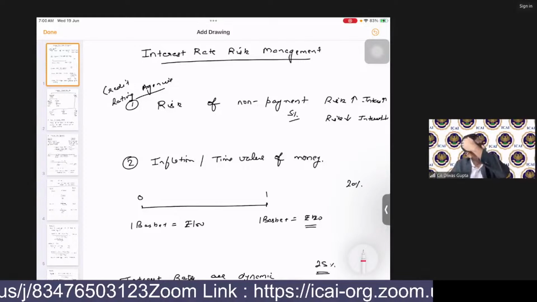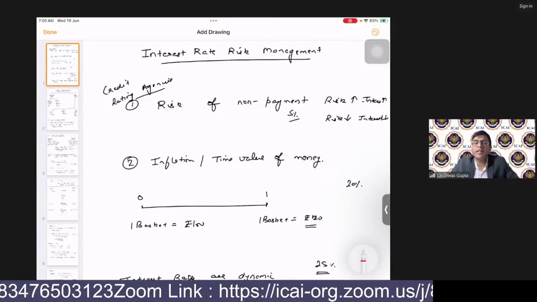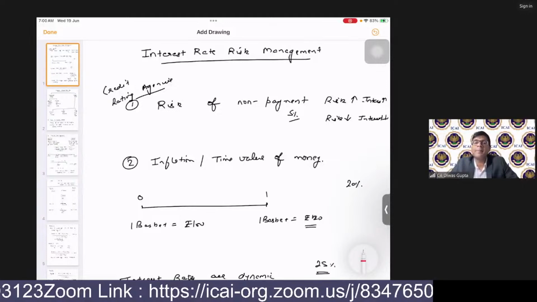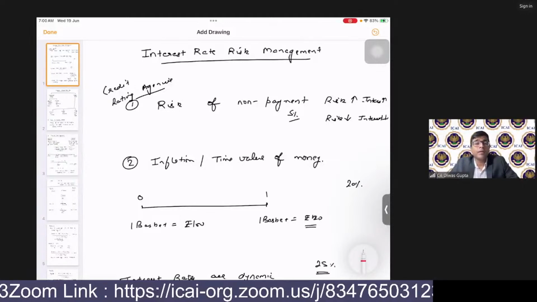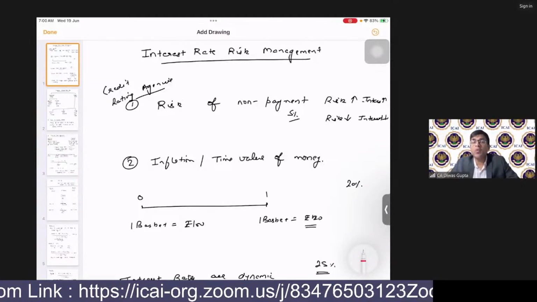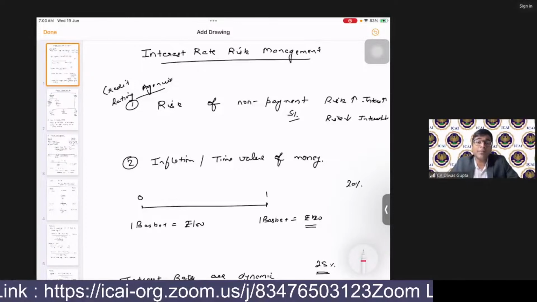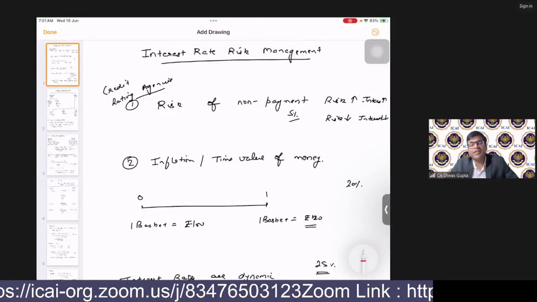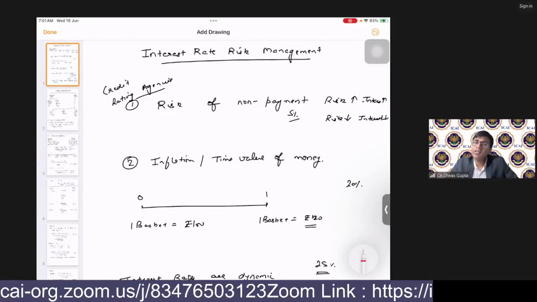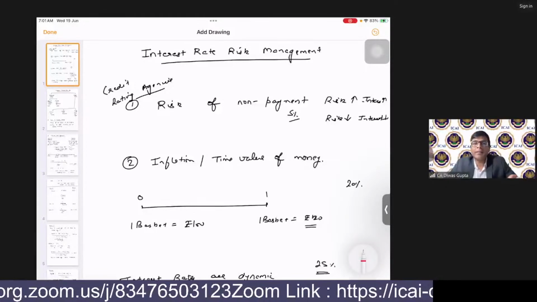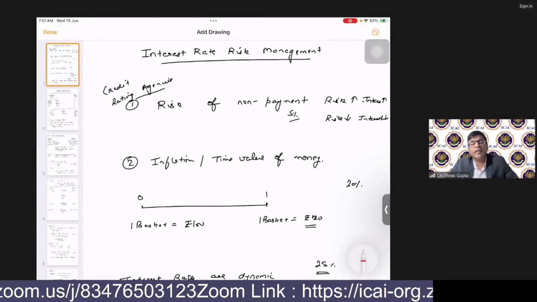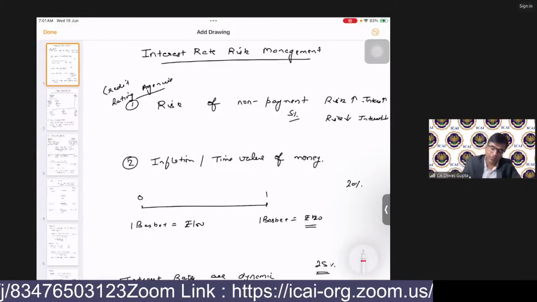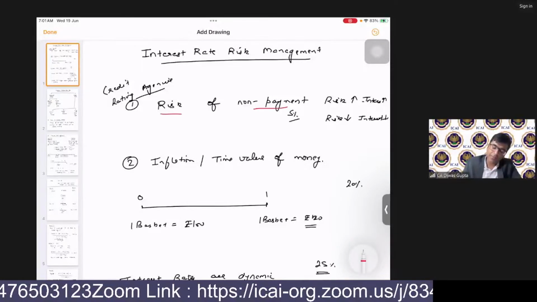It might happen that the schedule mentions repayments on certain due dates, but the borrower who has taken the amount is not able to repay. So there is a risk of both non-payment as well as delayed payment. To cover that risk, the lender will expect some return in the form of interest. So this is the first part, risk of non-payment.